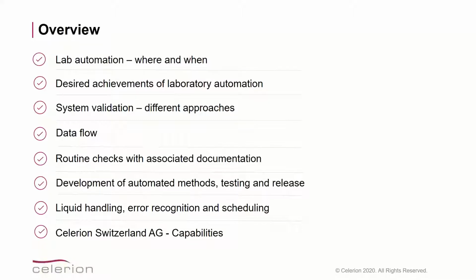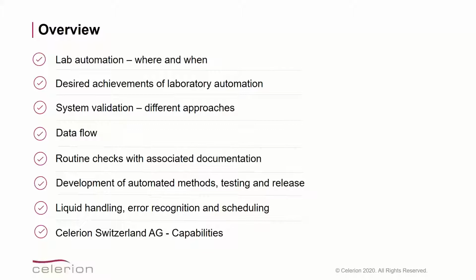We want to highlight the topics summarized here in the first slide. First, we'll speak shortly about different approaches of lab automation in the industry, with special regard to user requirements and validation approaches. Then we'll present the data flow within our laboratory, the interaction between the robots and the different laboratory database systems. Afterwards, Rebecca will demonstrate our approaches for continuous routine checks and ensure full system integrity.